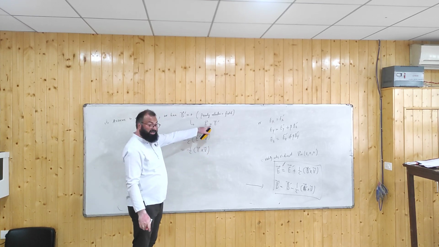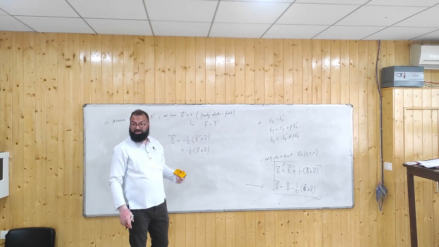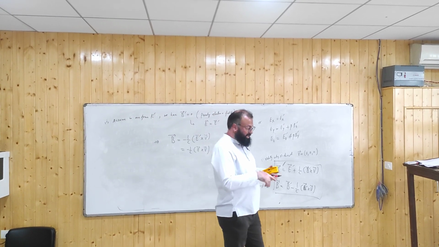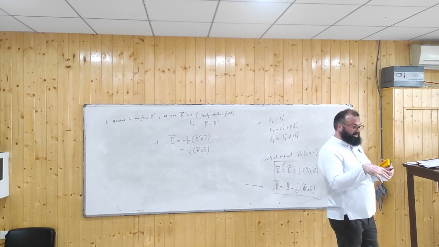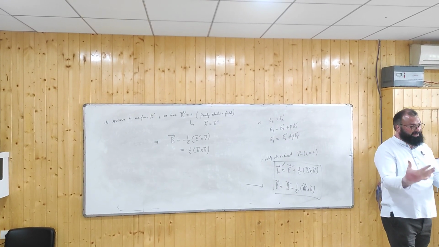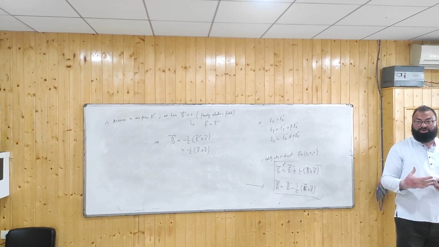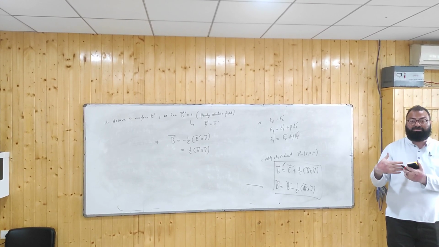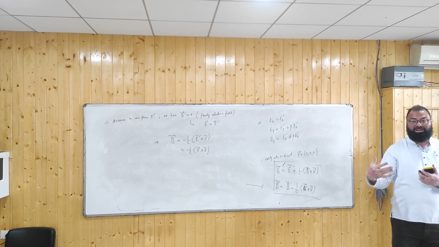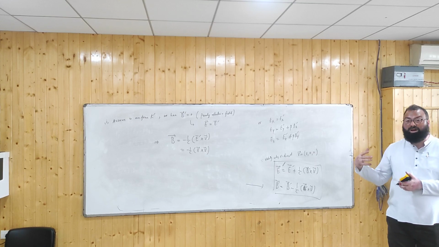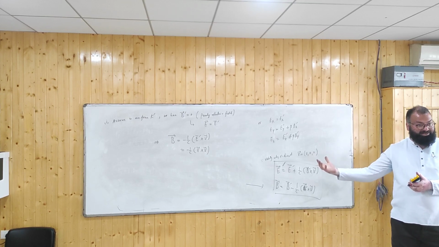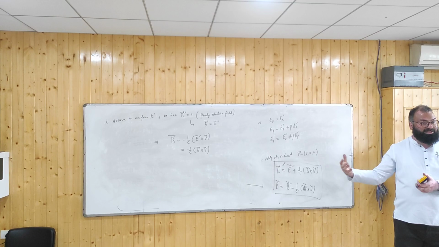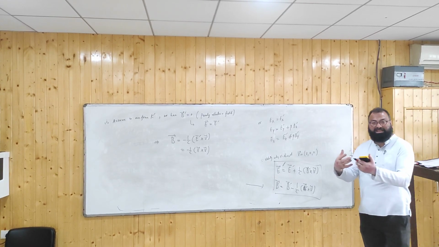Is this 0 or non-zero? E is non-zero. So if you observe a static electric field, there is no magnetic field at all. But in another frame of reference which is moving with respect to that field, you will also observe the magnetic field. Think of a static charge.